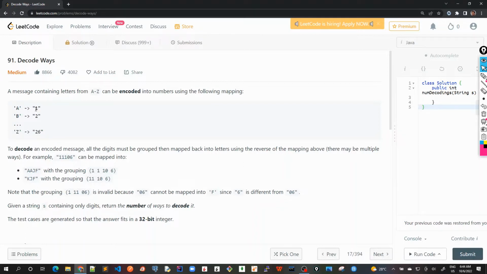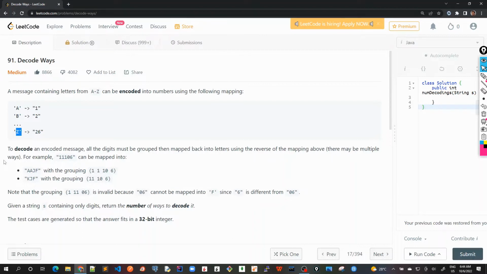So we have 1 to 26 numbers which are mapped to each and every letter starting from A to Z. To decode an encoded message, all the digits must be grouped, then mapped back into letters from A to Z using the reverse of the mapping above.